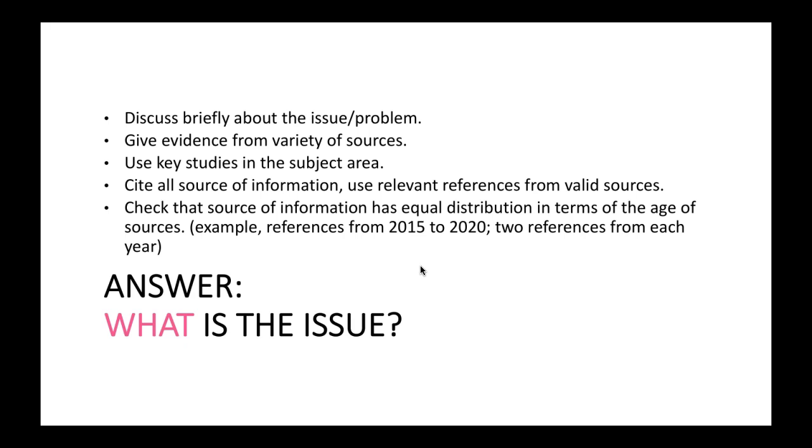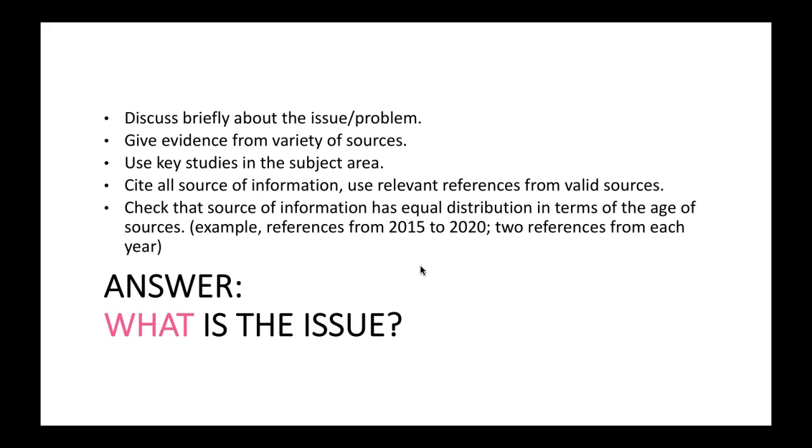After that, you are going to check that the sources of information have equal distribution. Equal distribution means that, for example, you are talking about a contemporary issue, a modern issue, then you should be looking at references from the last 3 years, not older than that.